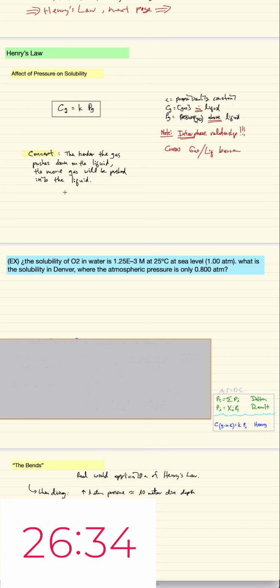Henry's law, a very important relationship, and the first time you will see the concentration of a gas is equal to some constant times the pressure of the gas. What is significant about this is the concentration of the gas we're talking about is in the liquid phase, and the pressure of the gas we're talking about is above the liquid. So this is one of the first equations where you have a single relationship that talks about gases in different phases.